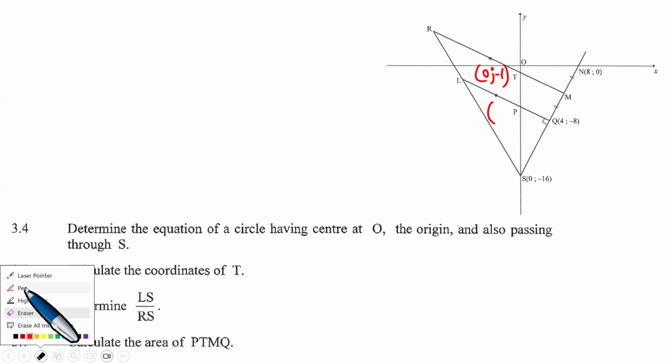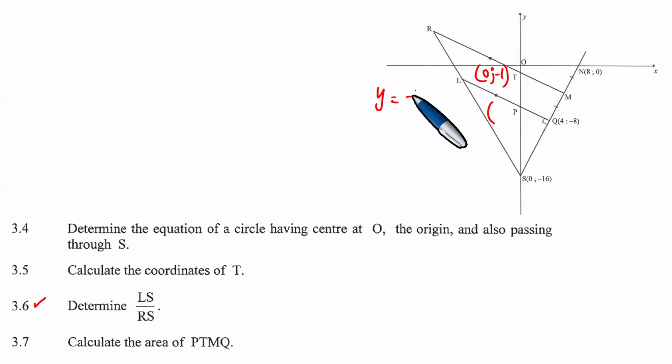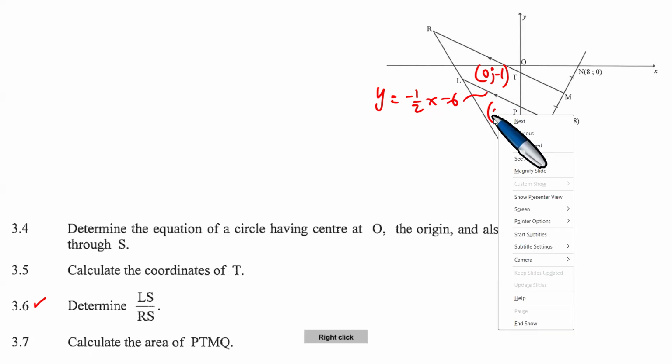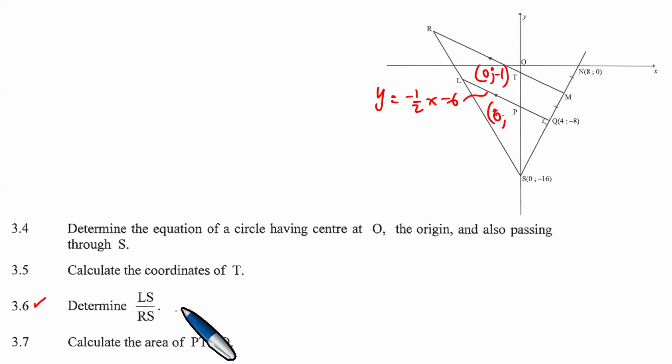That gives us the coordinates of P, because when you want to find the coordinates of P, you let x be 0. When x is 0, y is minus 6. And then we are able to use the proportionality theorem.